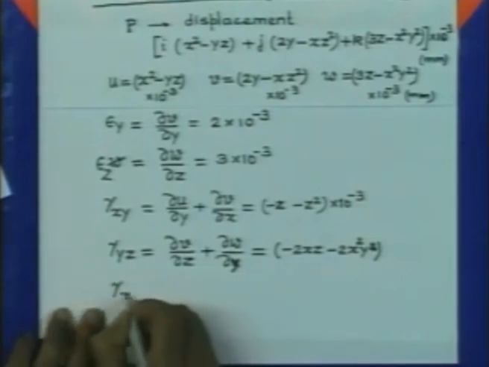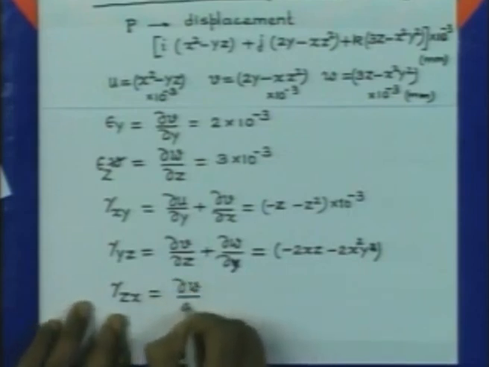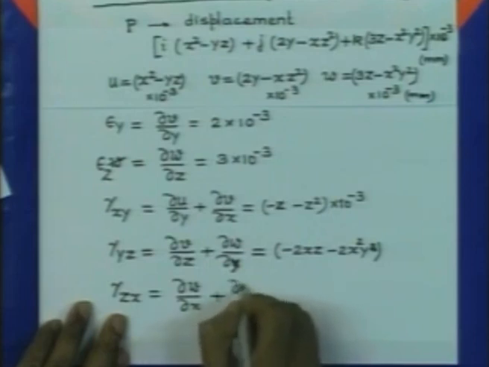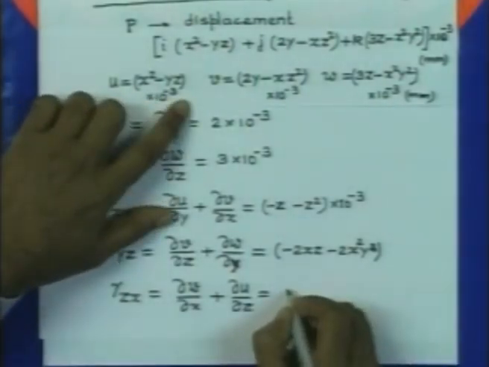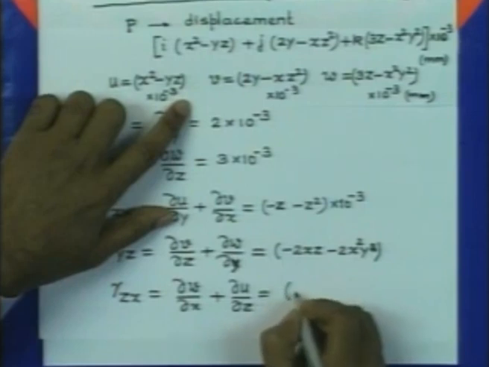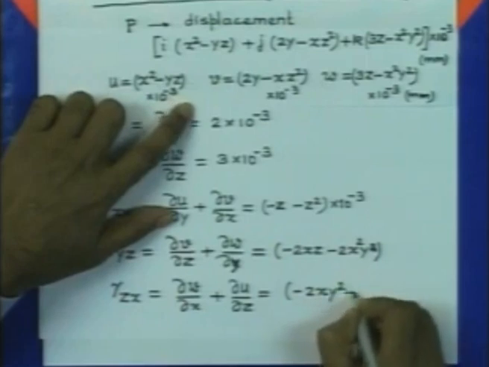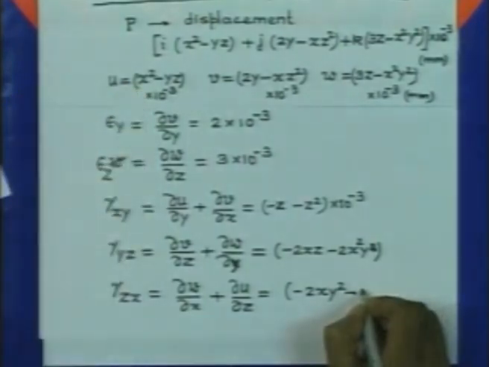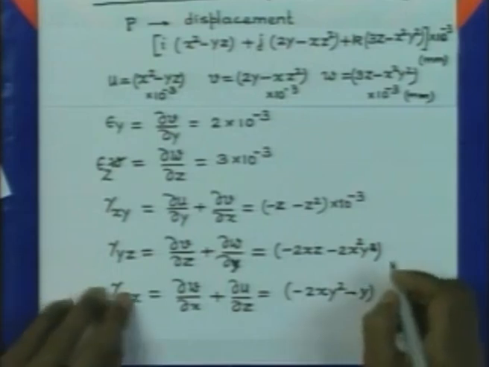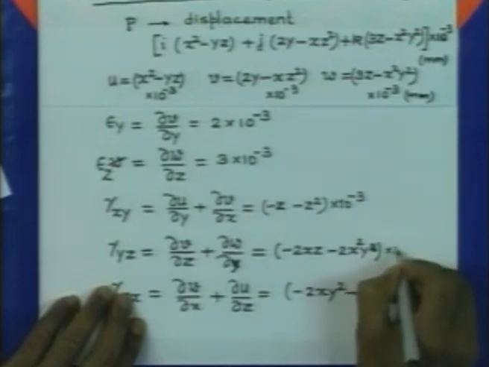And gamma zx is nothing but delta w delta x plus delta u delta z. This is given by minus 2 xy square and this is minus y, into 10 to the power minus 3. Here also you will have a multiplier 10 to the power minus 3.